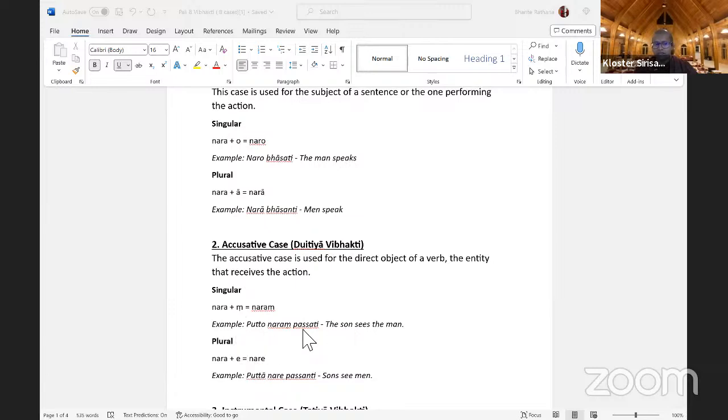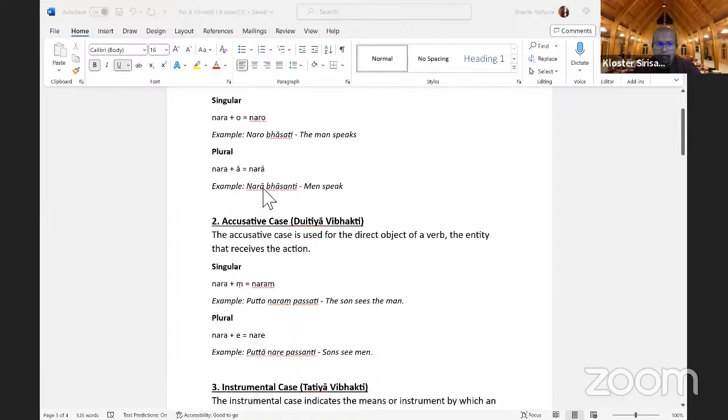There is a sentence also, singular: Putto naram passati, the son sees the man. The plural one is: Putta nare passanti, the sons see men. Can you see it? Is it too small?